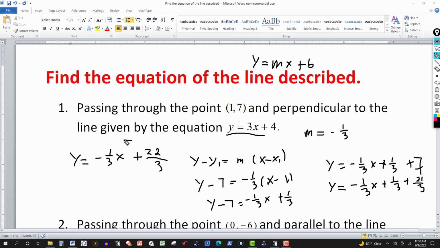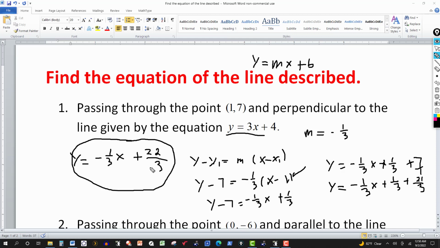And this is the equation of the line in slope-intercept form. Now I could also give this answer depending on what they asked for. This is the point-slope form, y minus 7 equals -1/3 times (x minus 1). That's your point-slope form.